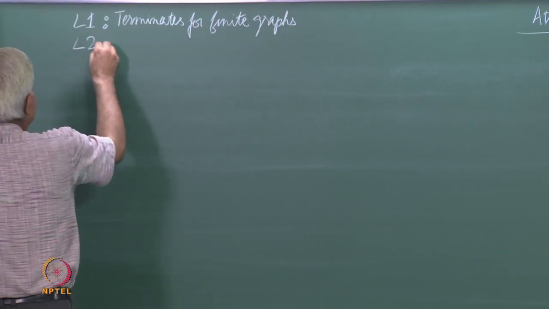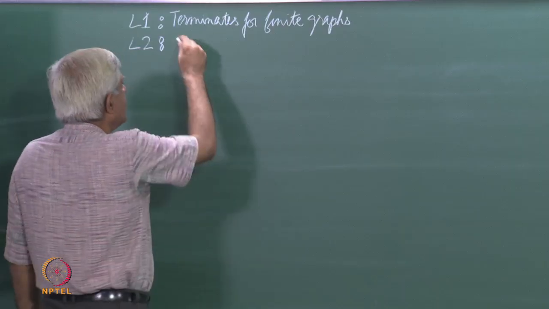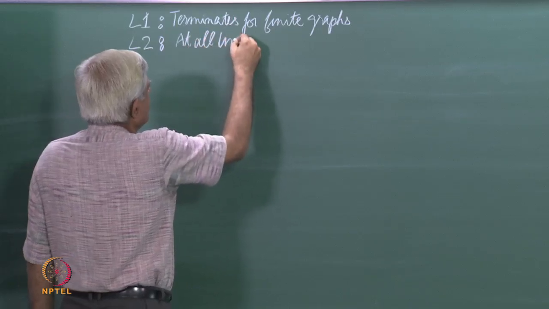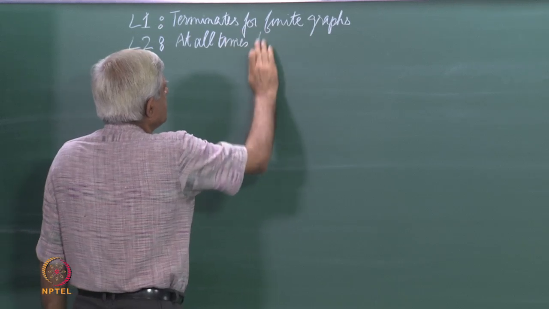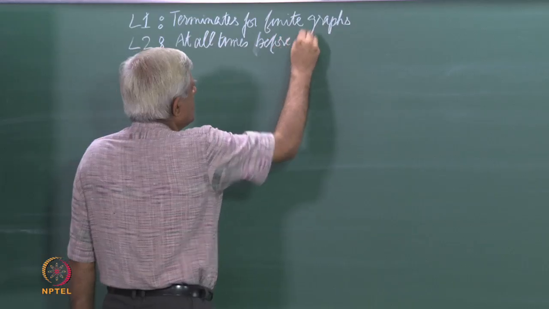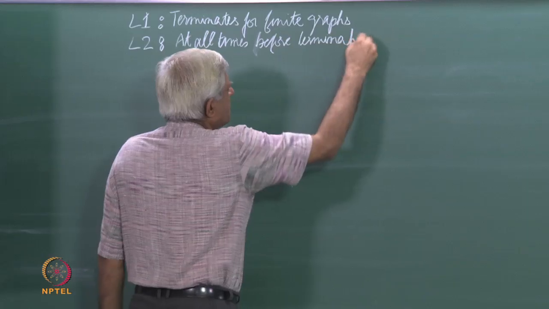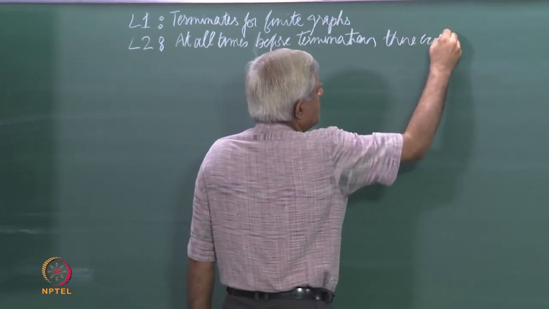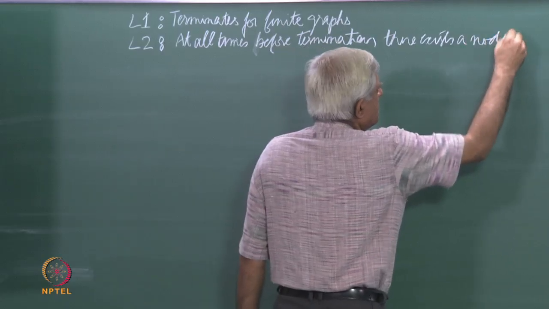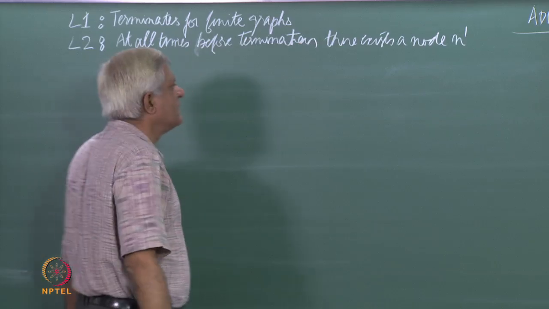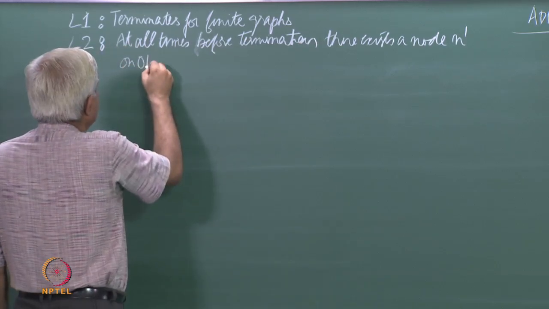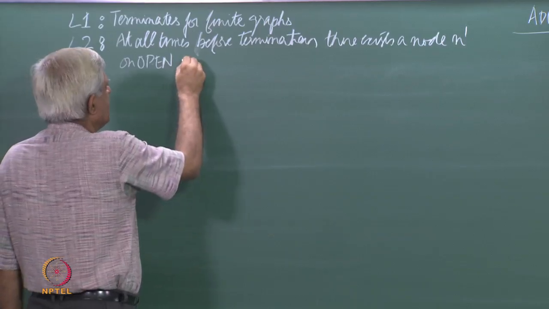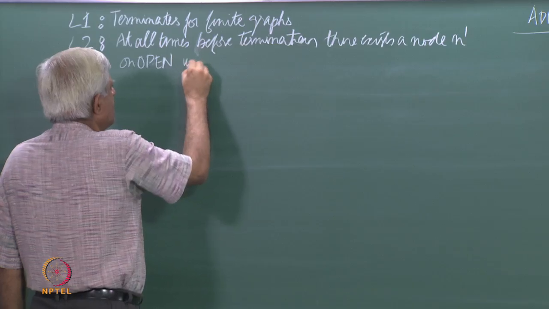Then the second lemma we want to say is that at all times before termination, there exists a node, we will call this node n prime, and this node is on open and which is on the optimal path.